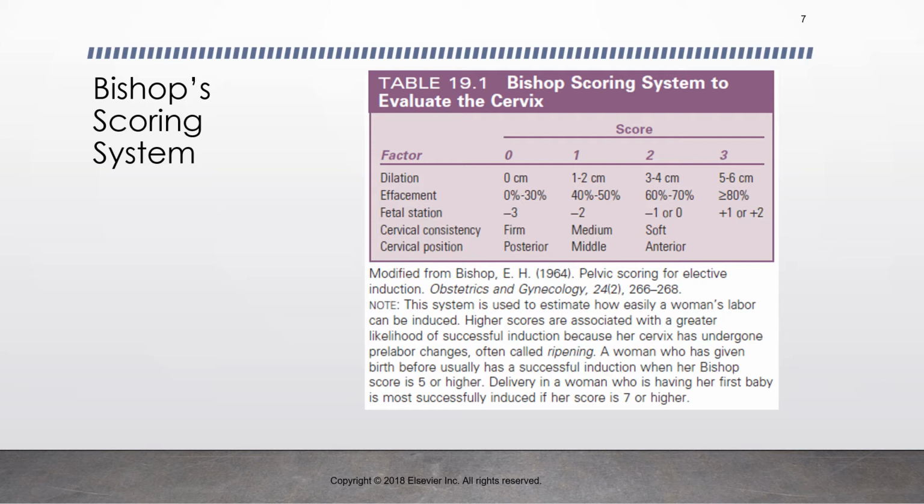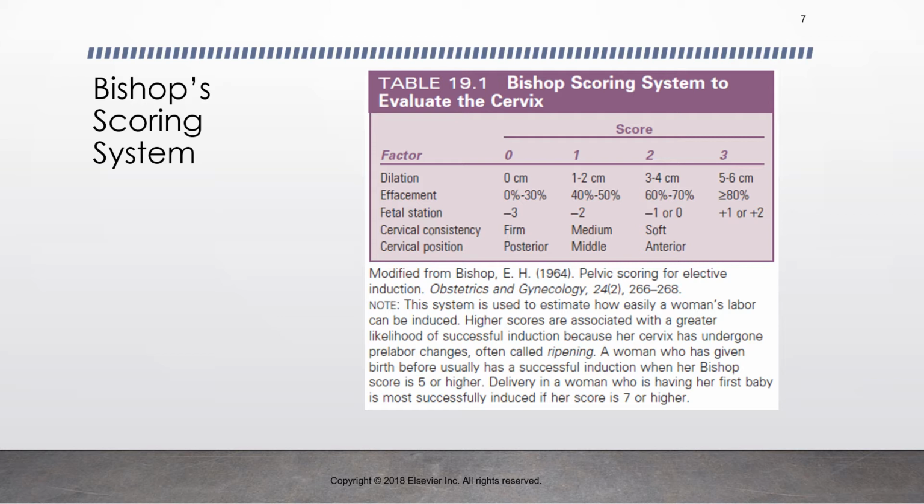So you can see here, we give it a score from 0 to 3. Maybe we're evaluating the cervix for ripening, and we're just evaluating this patient, seeing where she's at right off the bat. This was modified in 1964, but it's still used, the same identical thing. We're looking at dilation, and the farther she's dilated, the higher score.